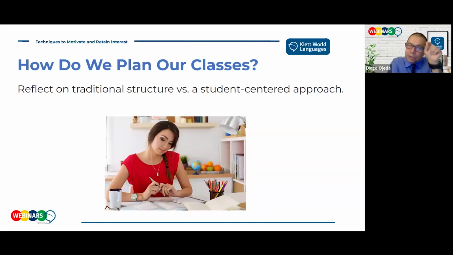When you think about yourself as the teacher, you're thinking about the students because it's going to have an impact on your class. For example, last night I wasn't feeling well, and I had something in mind for my classes today. We're going to do this, we're going to do this, we're going to do this. And I was like, no, I don't feel well.